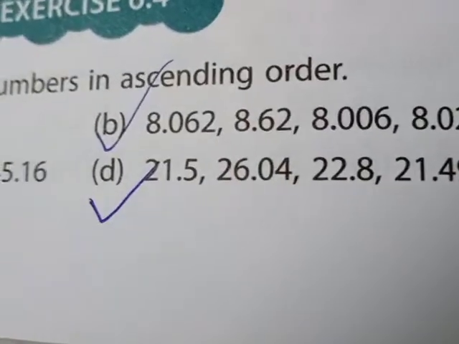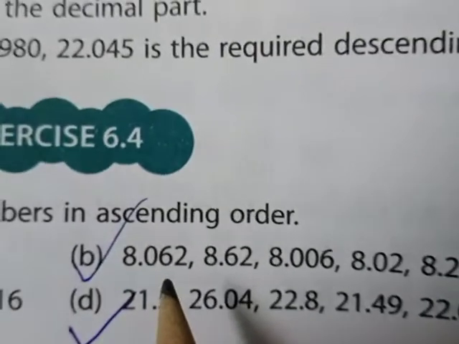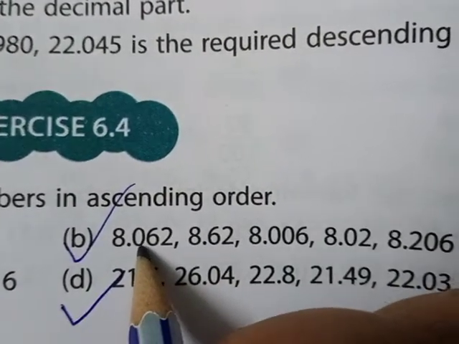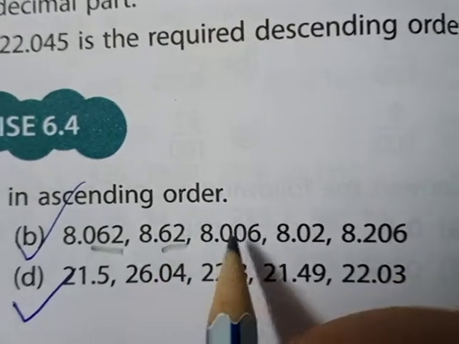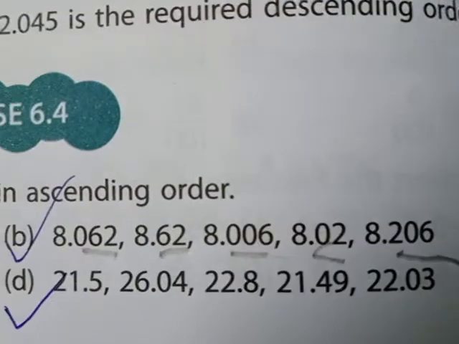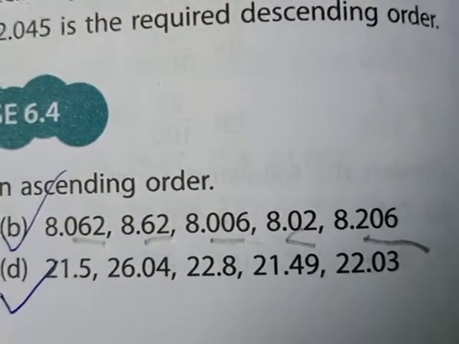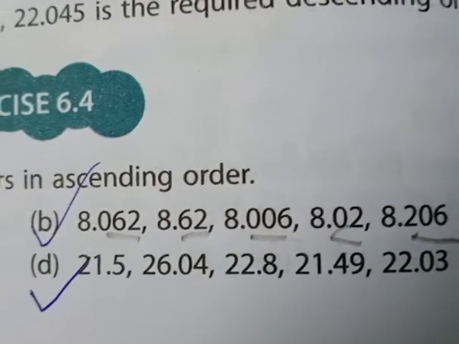In the first number we have 3 digits, second number 2 digits, then 3 digits, 2 digits and 3 digits. All the decimal parts are not similar, right? There are different digits, meaning unlike decimal parts are given.